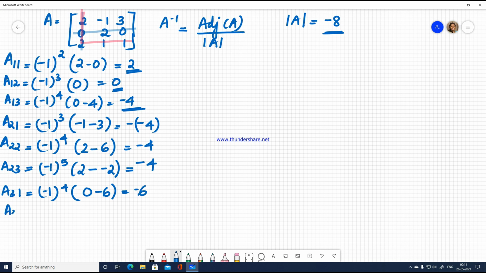Then A32 is equal to minus 1 raised to 5. Then cover this column. It will be 0 minus 0. It will be 0. Then A33 is equal to minus 1 raised to 6. Then you cover this particular column and the row. It will be 4.